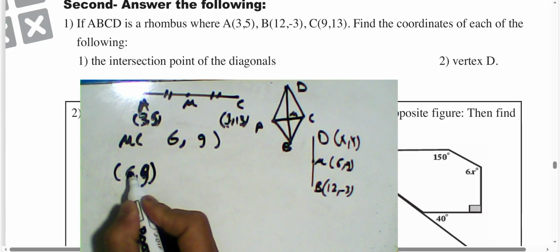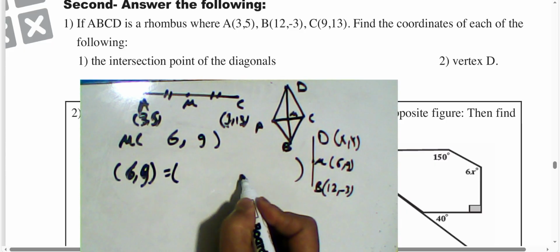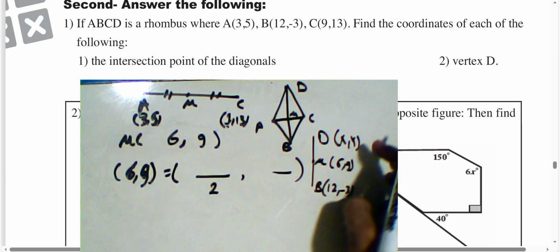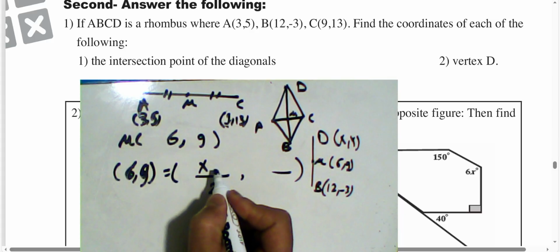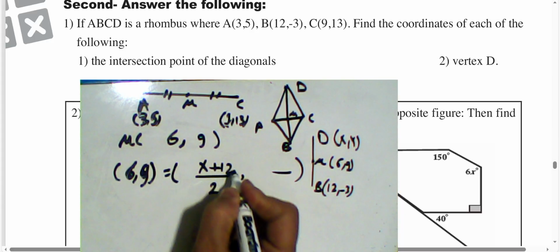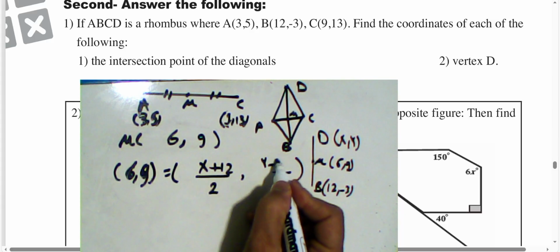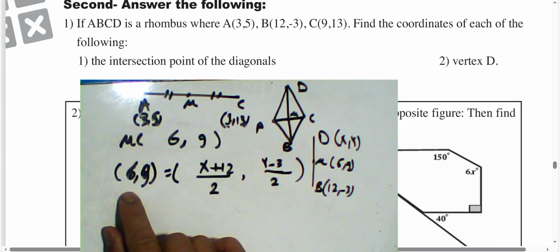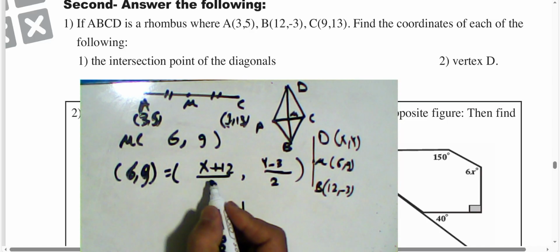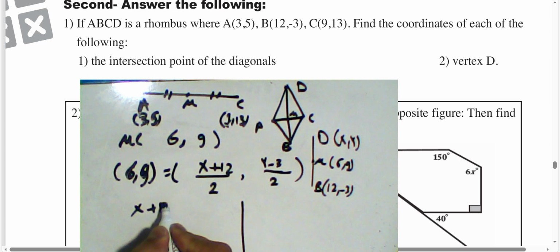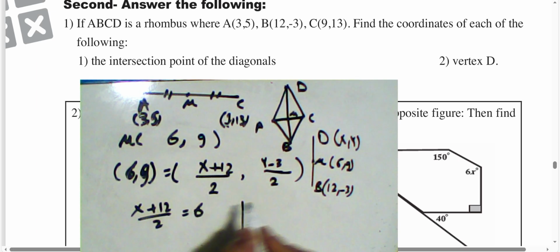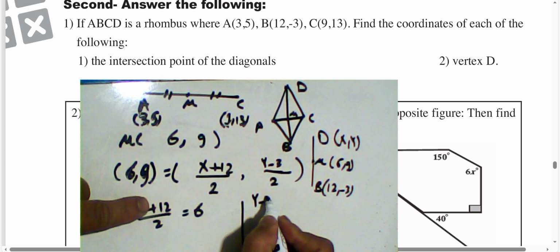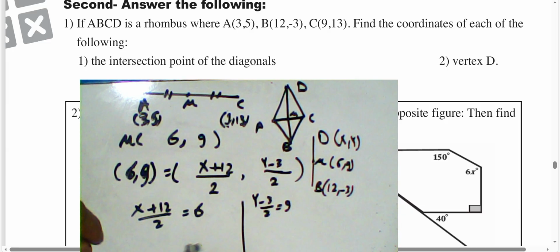Start from this point and write: X plus 12 divided by 2 and Y minus 3 divided by 2. Then the first coordinate equals the first coordinate: X plus 12 divided by 2 equals 6, and the second coordinate, Y minus 3 over 2, equals 9.